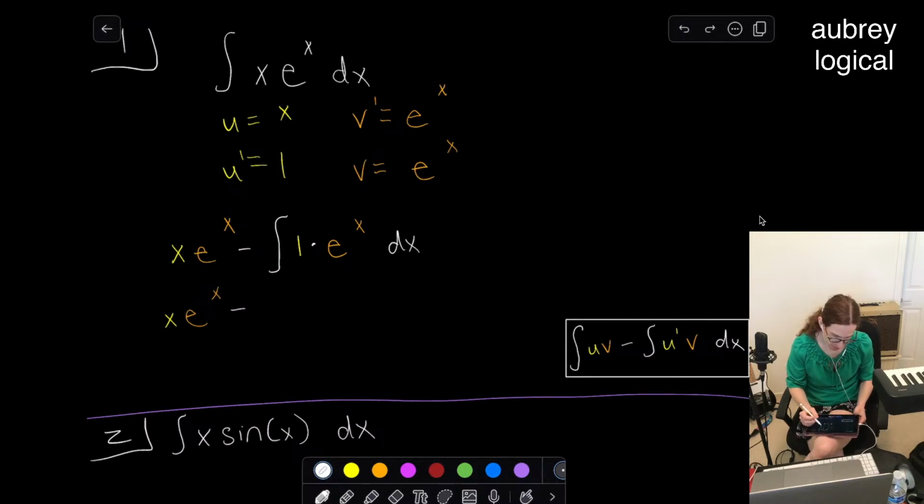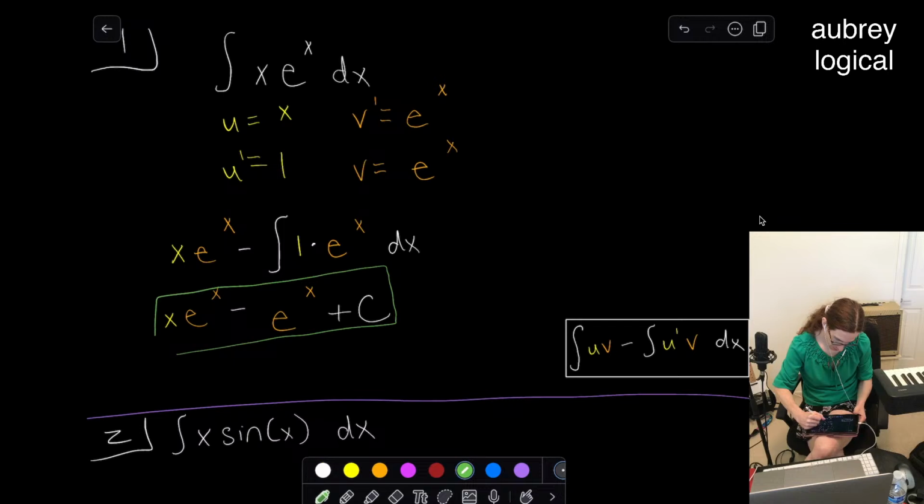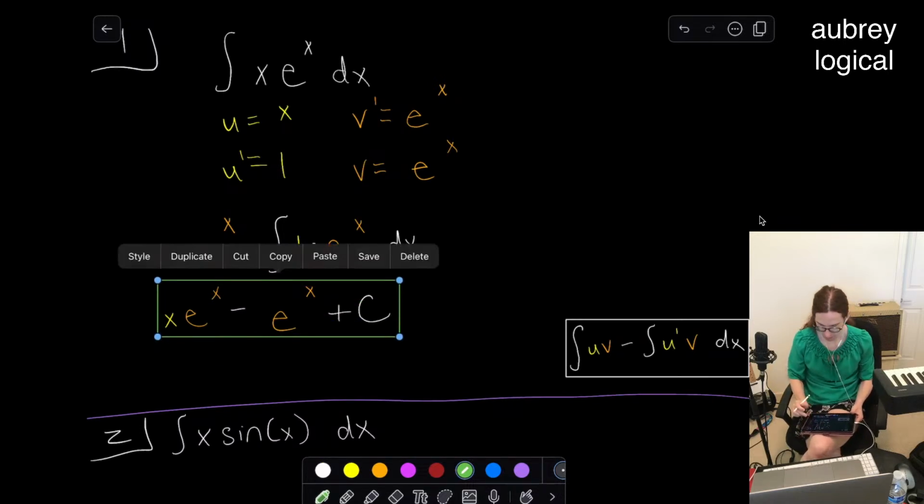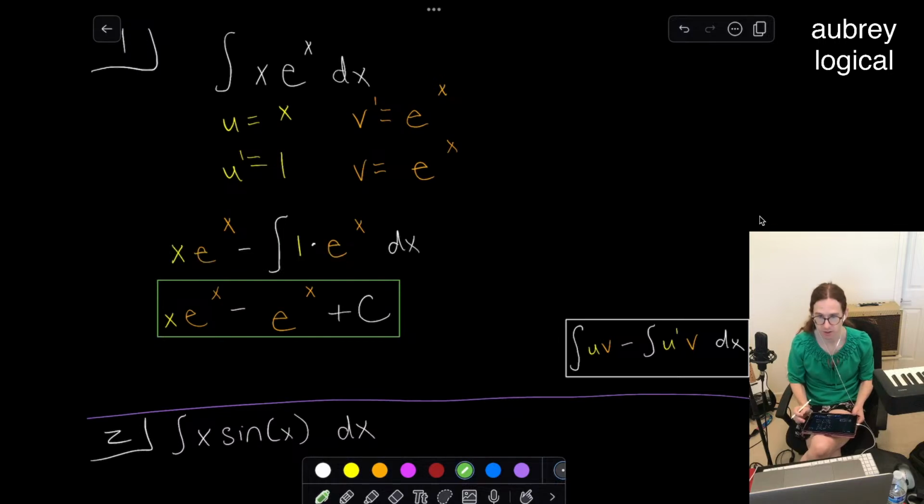Like I said, our antiderivative of e to the x is also e to the x. Now that we have all of our integration taken care of, we just need to add our arbitrary constant. And that is our answer, folks.